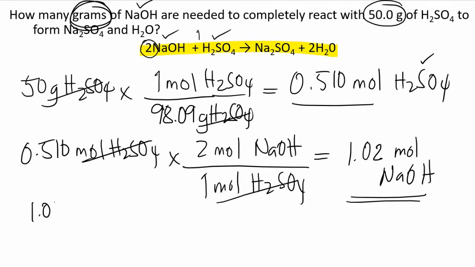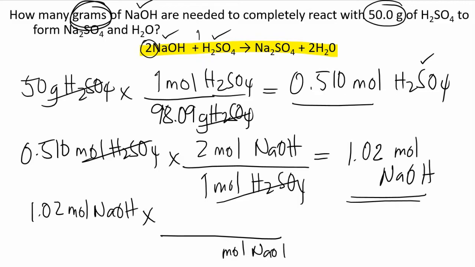So we have 1.02 mole NaOH times, this time, ang gagawin naman natin, pabalik. From mole NaOH to grams. Kasi mass to mass yung ating conversion na ginagawa. So 1 mole of NaOH is equivalent to the formula mass or molar mass of NaOH, which is 40 grams.